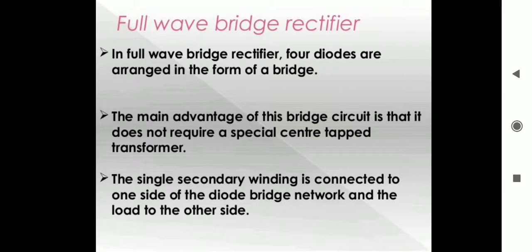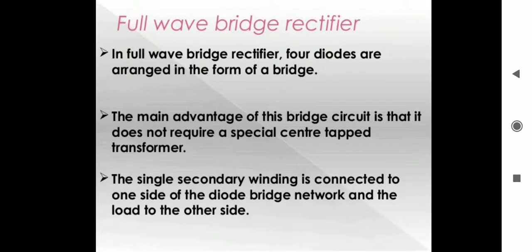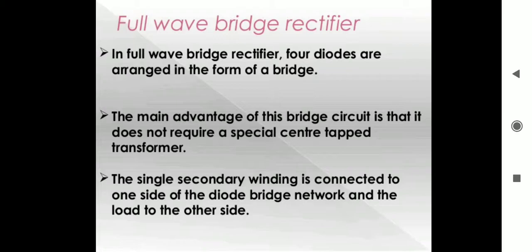A full wave rectifier is a semiconductor device which converts a complete cycle of AC into pulsating DC, unlike the half wave rectifier which uses only half of the input AC cycle. The lower efficiency drawback of the half wave rectifier can be overcome by using a full wave rectifier.